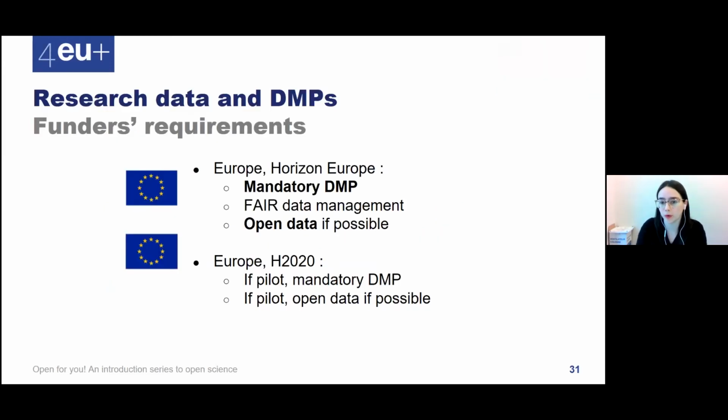Funders have some requirements. In Europe, Horizon Europe demands a DMP and open data if possible. H2020, I don't know how to pronounce it, if you are the pilot of the project, the data have to be open if possible.